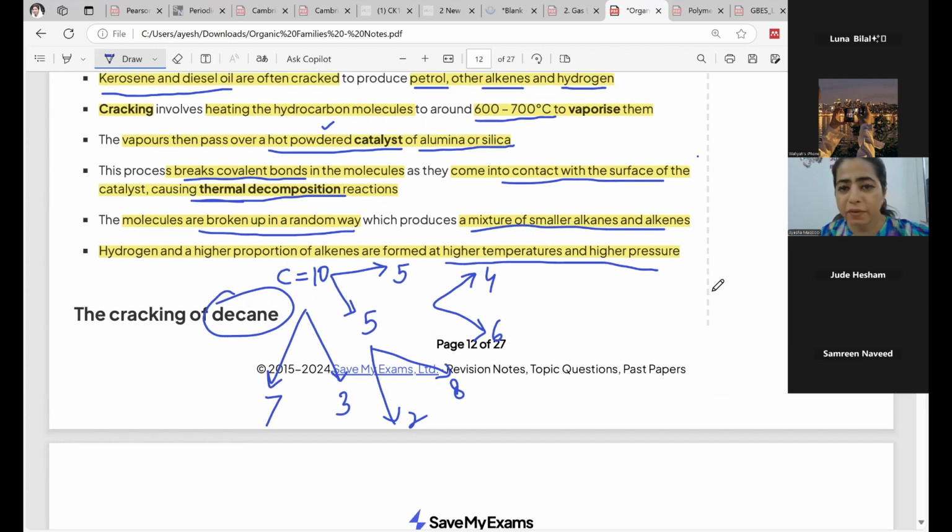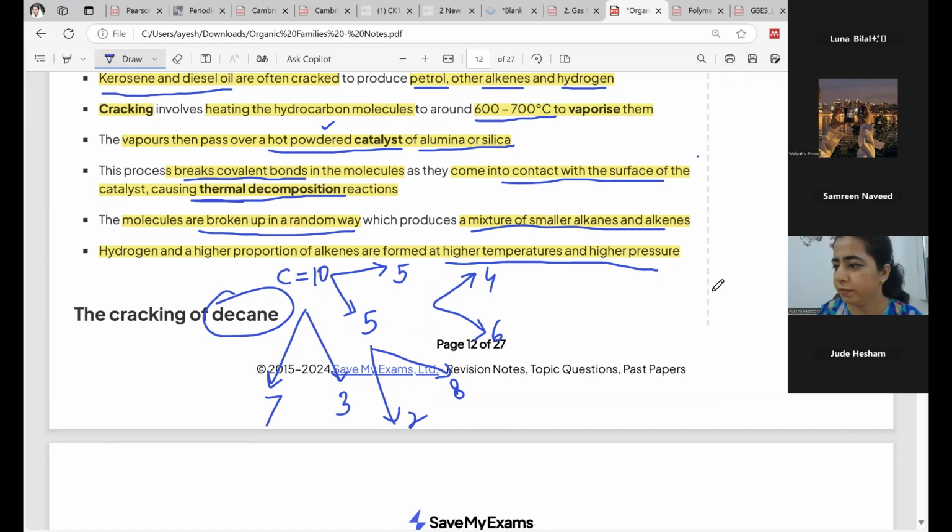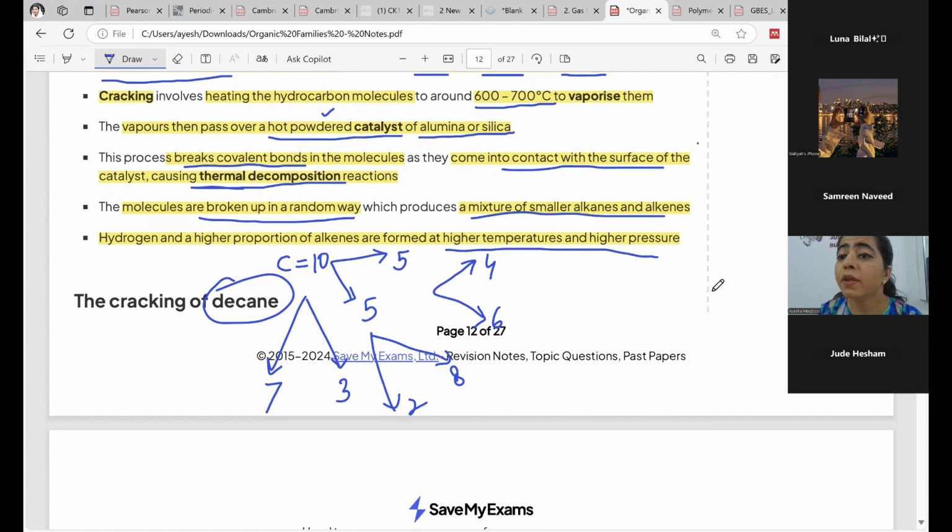Okay, any question? Yes, Samreen. So, Miss, isn't this pure? Because at the same time, sometimes it can produce five and five pair like that. Pure means no other possibility, only a single product we are getting. Oh, okay, so Miss, it's not pure, it's not a single product.